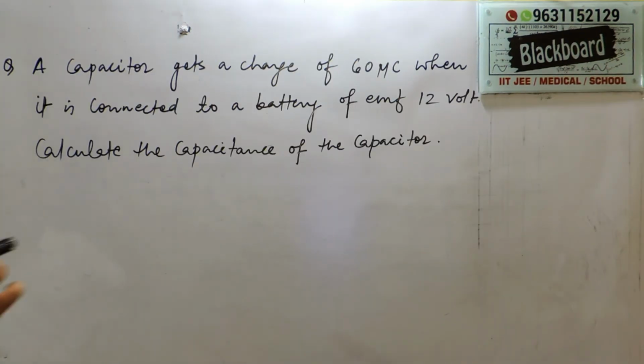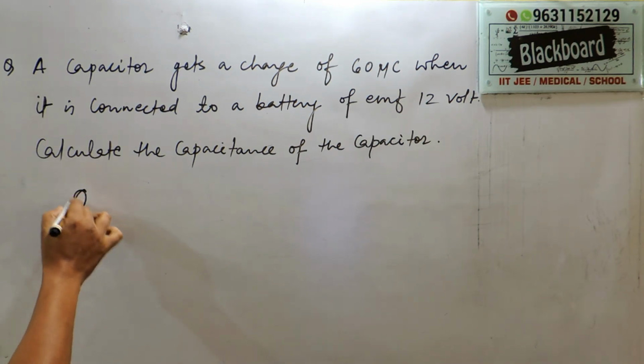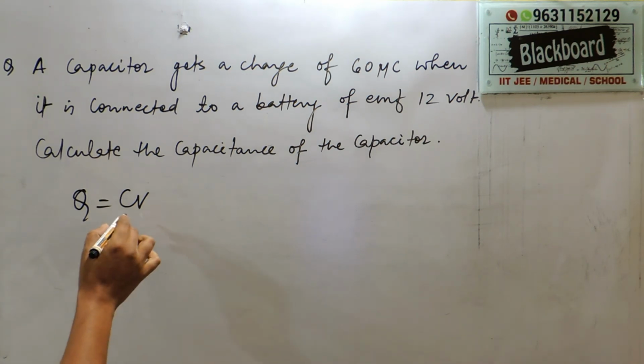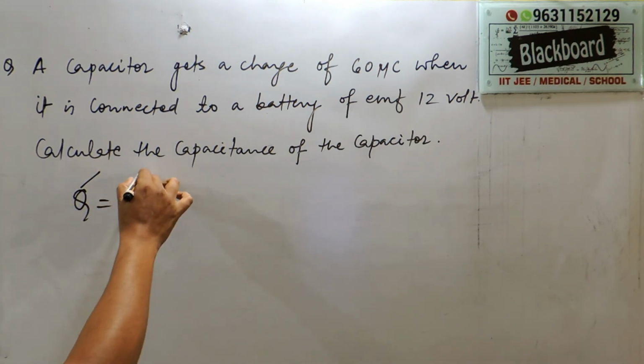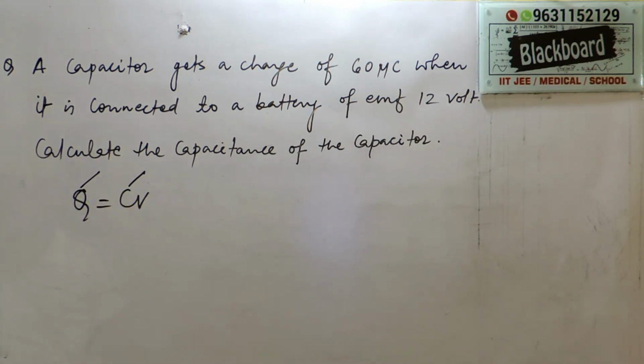A capacitor gets a charge of 60 microcoulomb when it is connected to a battery of EMF 12 volt. Calculate the capacitance of the capacitor. We know the formula Q is equal to CV, where Q is charge, C is capacitance, and V is the potential.